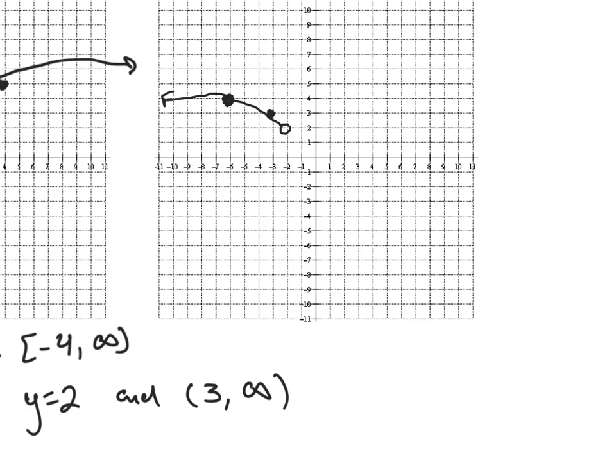And then when x is -1, we have 2 minus 2, which is 0. When x is 0, we have -2. And then when x is 1, we have 2 minus 2, which is -4. So when x is 1, y is -4, but here we have a hole due to the fact of our less than sign up here.